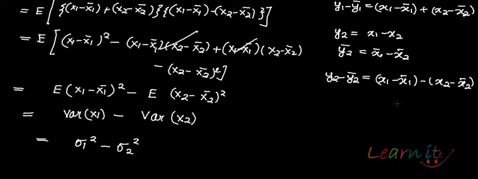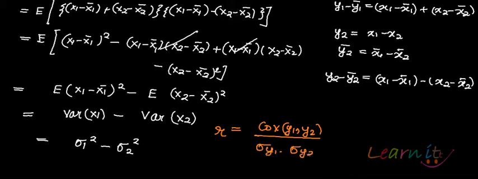Now, what is the formula for correlation? Correlation R is covariance of y1, y2 upon sigma y1 into sigma y2, or you can write the root of sigma square y1 times sigma square y2.